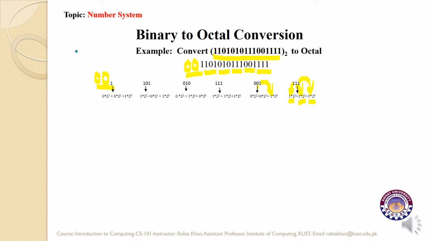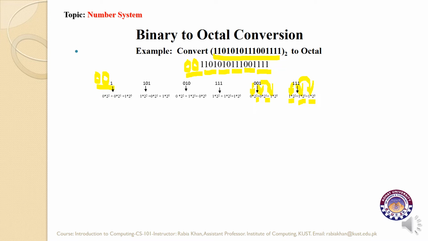Next is 0, multiplied by 2 with power 1, and another bit is 0, again multiplied by 2 with power 2. All the multiplications are getting added together. You cannot add the groups together. Keep in mind, all the groups stay the same way as we are dividing them.